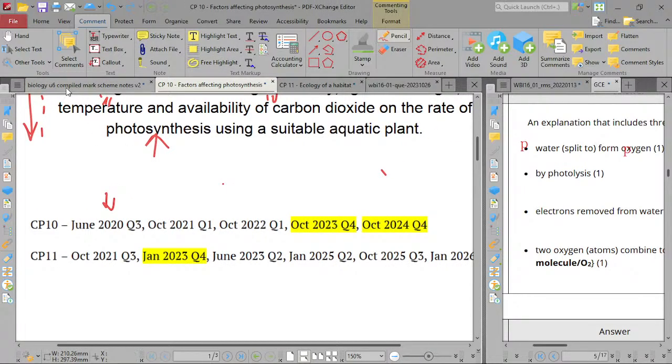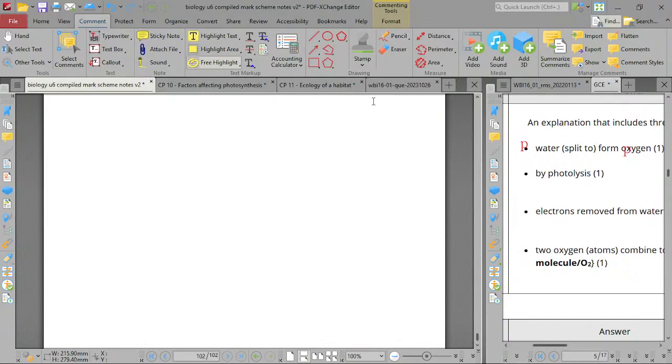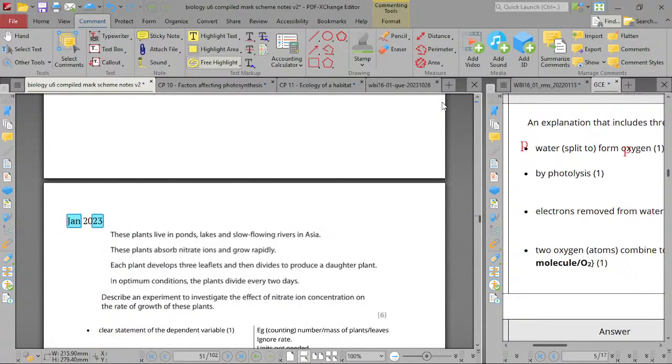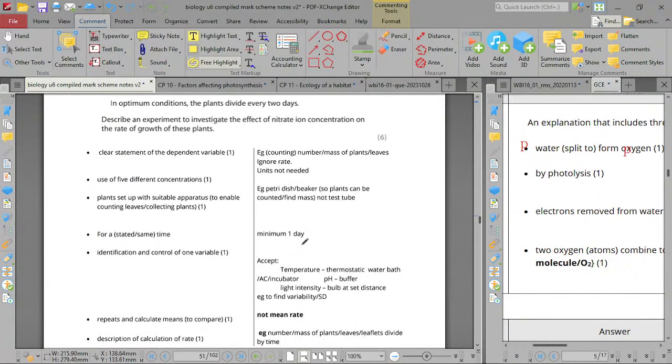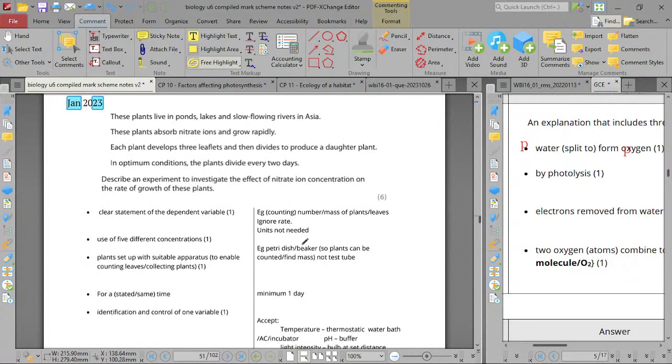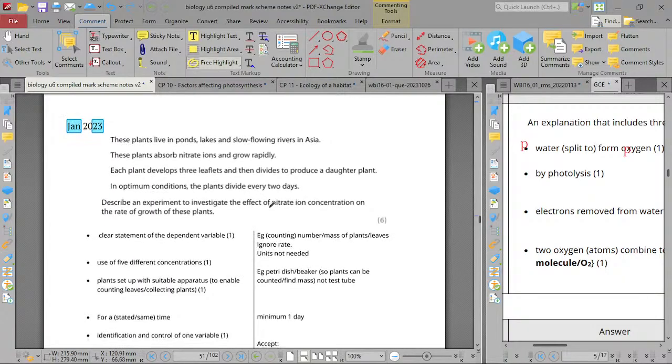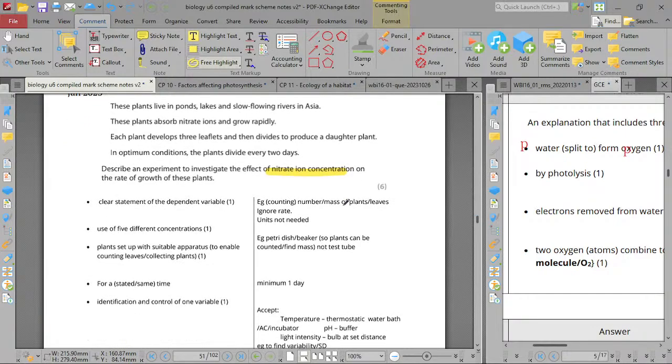Jan 23, question 4. Jan 23. Nitrate ion concentration is an abiotic factor, so I'm pretty sure that's what we're talking about.